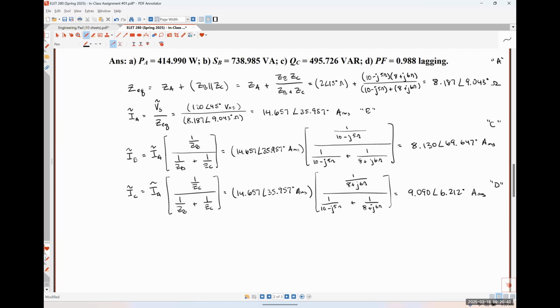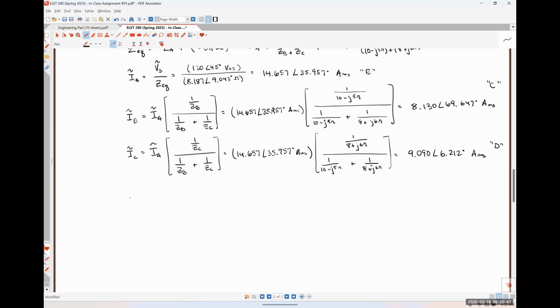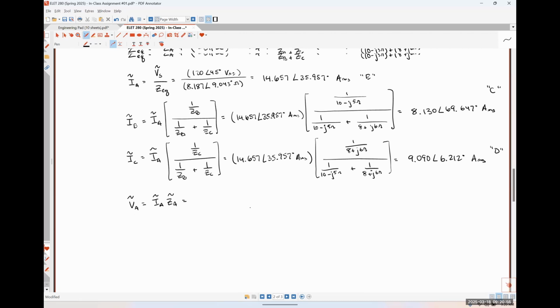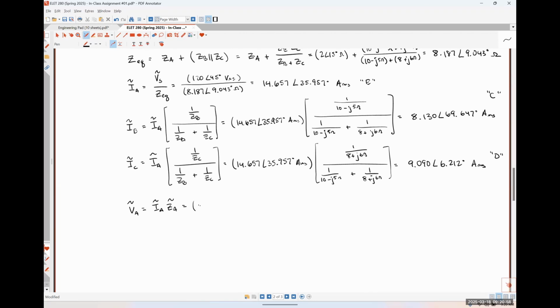Ohm's law. Perfectly reasonable. So VA would just be IA times ZA. So that would look like 14.657 angle 35.957 degrees amps RMS times ZA, which was 2 angle 15 degrees ohms.